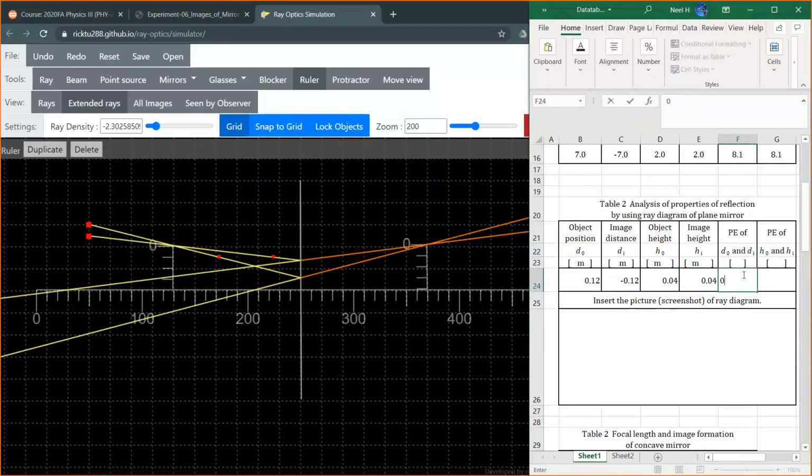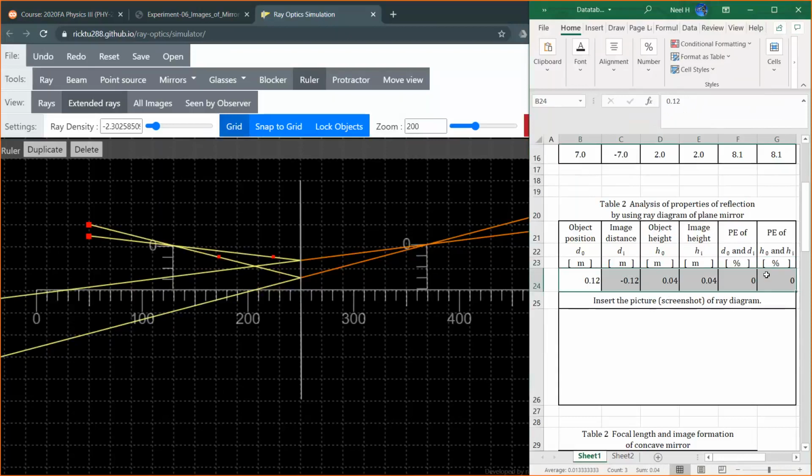There's no percentage error because it's perfect. We're measuring from the simulator. And the percentage error, if you compare image height to the object height, also gives you 0, right? So you can put just zeros here. There's no unit, right? You can put the percentage sign for the percentage error, but technically there's no meaning in doing that calculation. So we can put 0 directly.